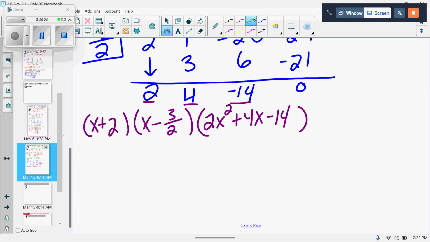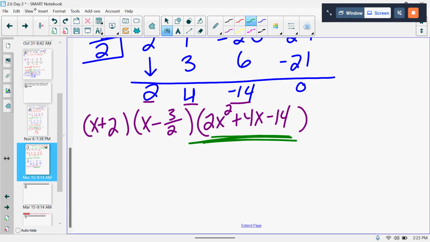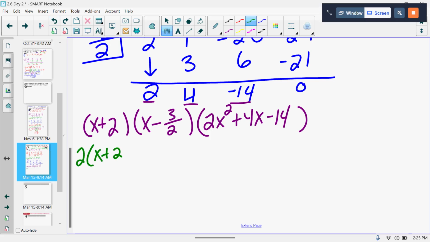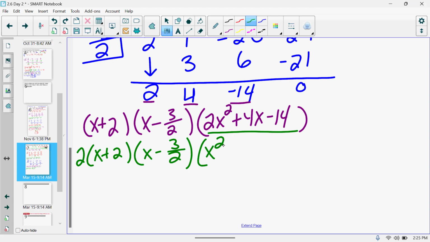One thing that's going to be a little different, guys, than any of the other examples we looked at, there's a common factor in here of 2. So we want to pull the 2 out. I'm just going to go ahead and write it all the way in the very front. It really doesn't matter where you would put it because multiplication is commutative, but I'm just going to divide all these things by 2.